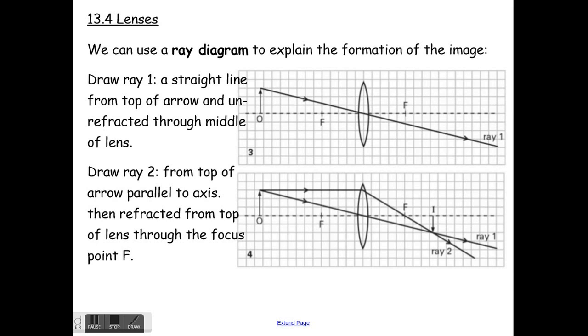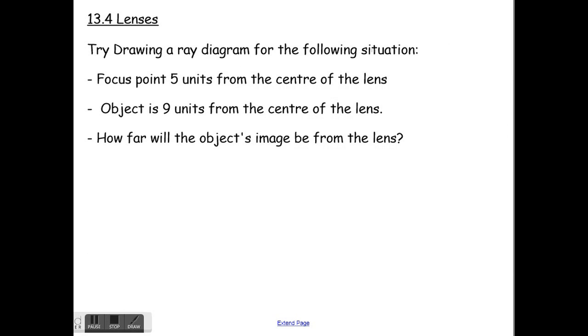If you remember back to the very first lesson where we started light, I talked about the 3 different situations where the object is to the focal point and what the image would look like. So if you look back in your notes or in the textbook, you'll find that information there as well.